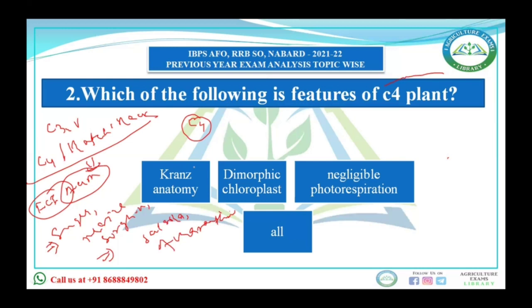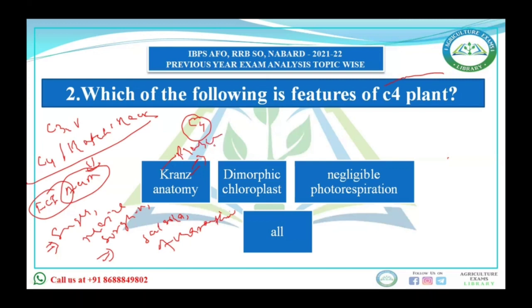What is Kranz anatomy? Mesophyll is not differentiated into palisade and spongy tissue. Moreover, bundle sheath cells are arranged in concentric rings around the vascular bundle. Mesophyll cells and bundle sheath cells are interconnected by plasmodesmata. These are the characteristics of Kranz anatomy.